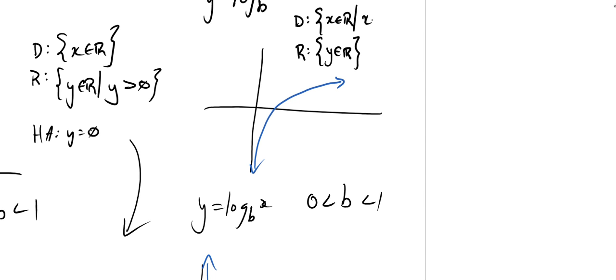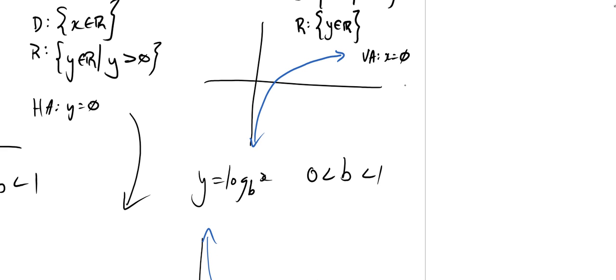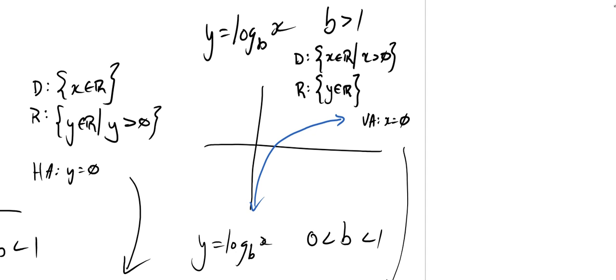Such that x is greater than 0 is our domain. And it has a vertical asymptote at x equals 0. Okay, and then again, those properties are all the same for the other version. So this is important because it helps us remember what we're allowed to put in for x and what we might get out, and restrictions for solving equations that we're about to take a look at, that sort of thing, right?